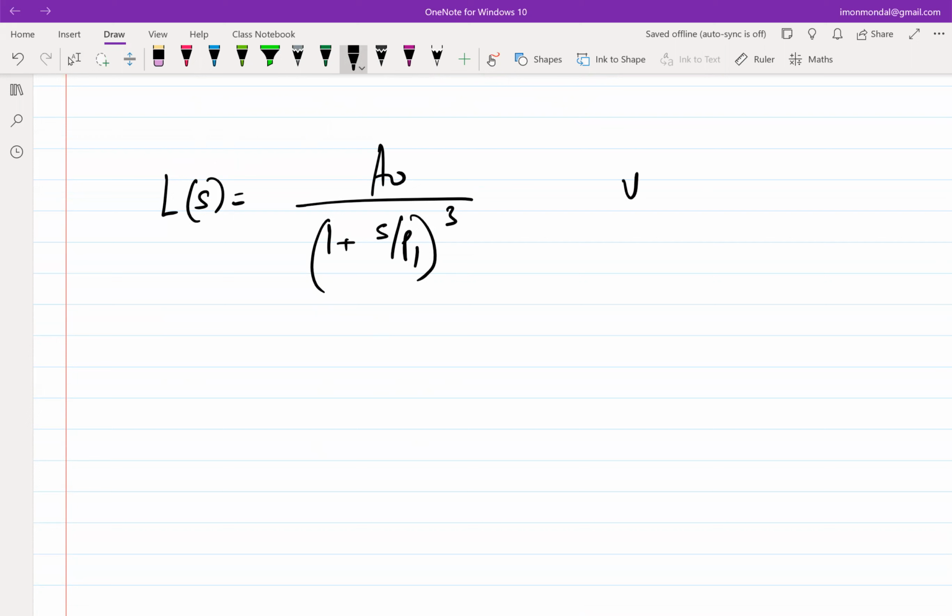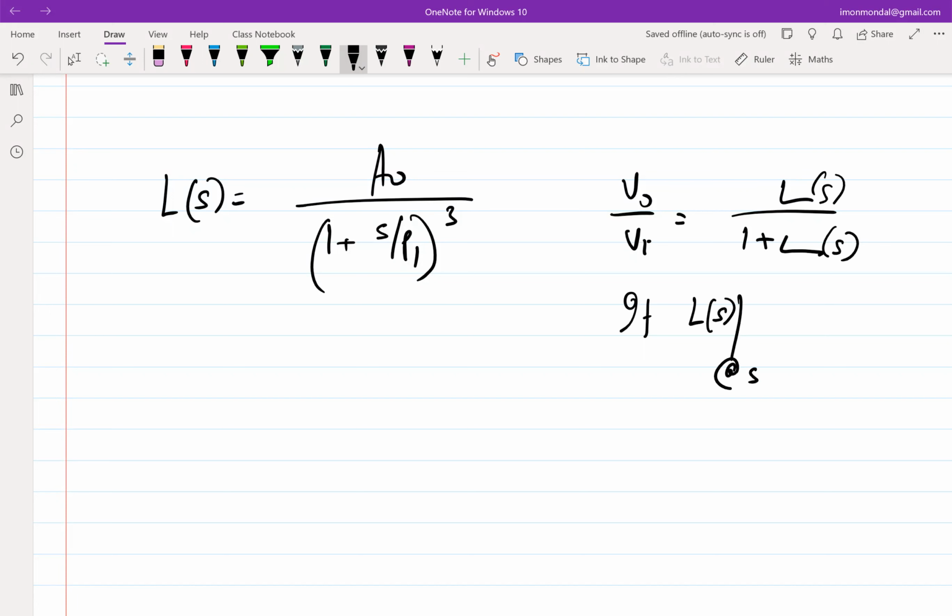Your V0 over Vi is L by 1 plus L. If L(s) at some frequency, some omega naught, is equal to -1, what do you conclude about such a system?